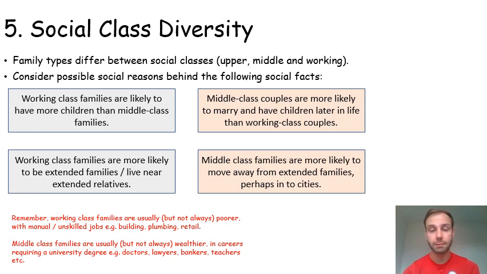So middle class couples are more likely to move away from their parents and to have children later in life, whereas working class families and couples are more likely to live nearer their parents and have more children in the same area as their extended family. So that is just another example that Rapoport found of diversity between families, and this time based on social class.